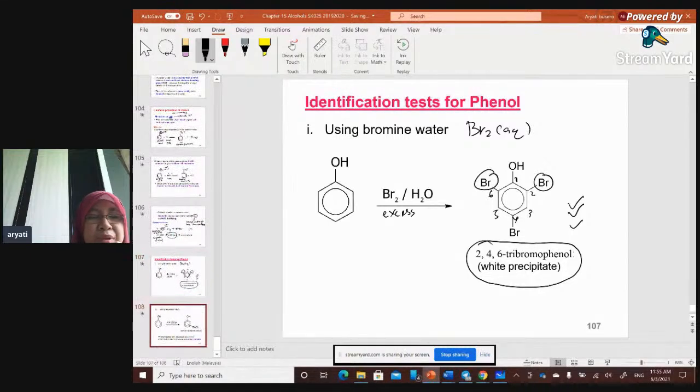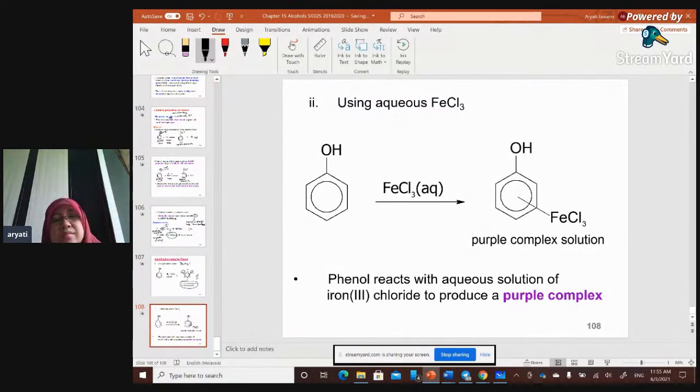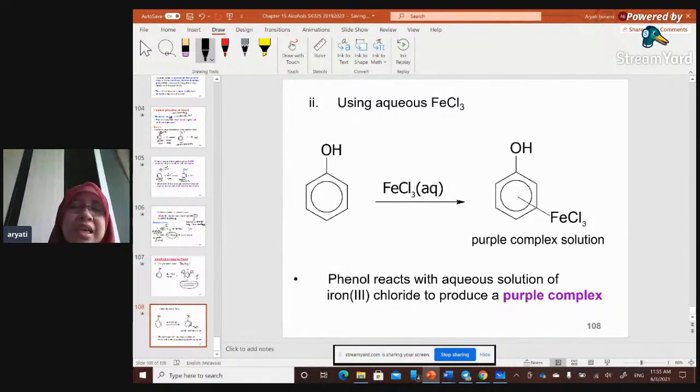Okay, so your last case is, so this year we don't do this experiment. Okay, the previous year we did this experiment when phenol reacted with FeCl3 aqueous, so FeCl3 akan masuk dalam gelang kat sini, so dia akan jadi purple complex solution.